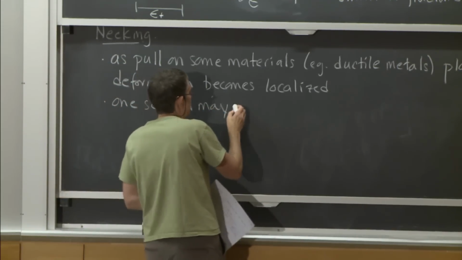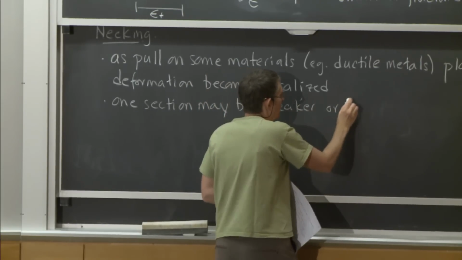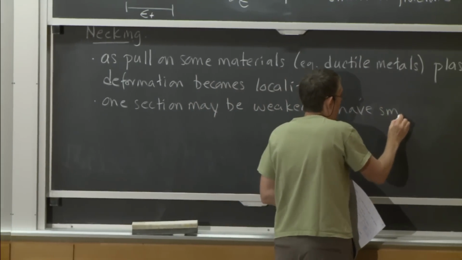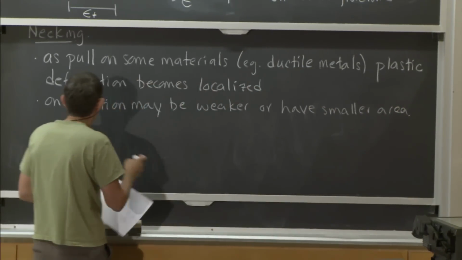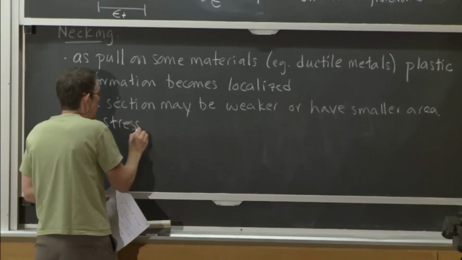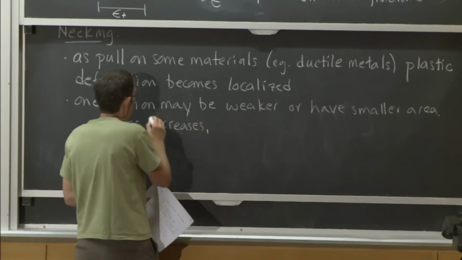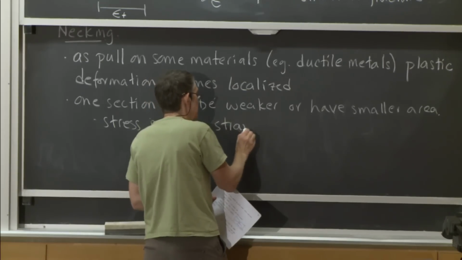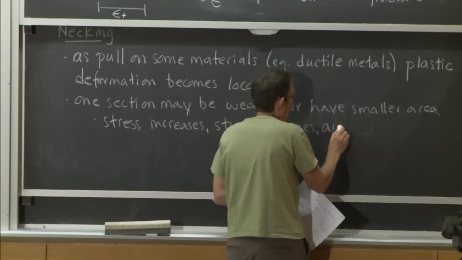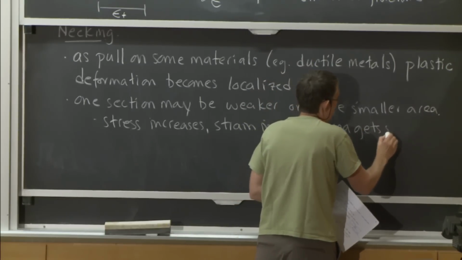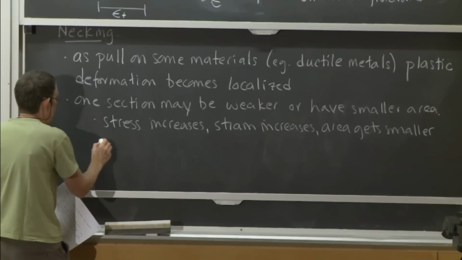So one section, one cross section may be weaker or have a smaller area. And then the stress at that section increases. So if the stress increases, then the strain increases. And then the area gets smaller again. And eventually this leads to fracture.